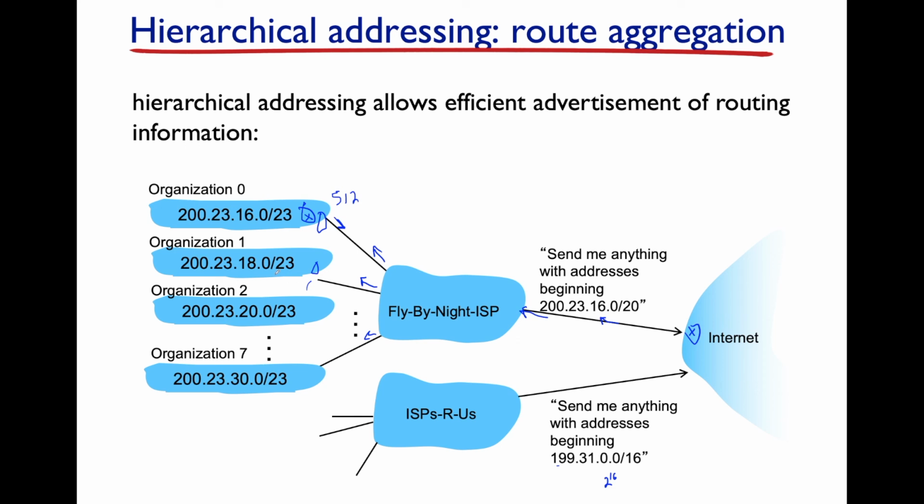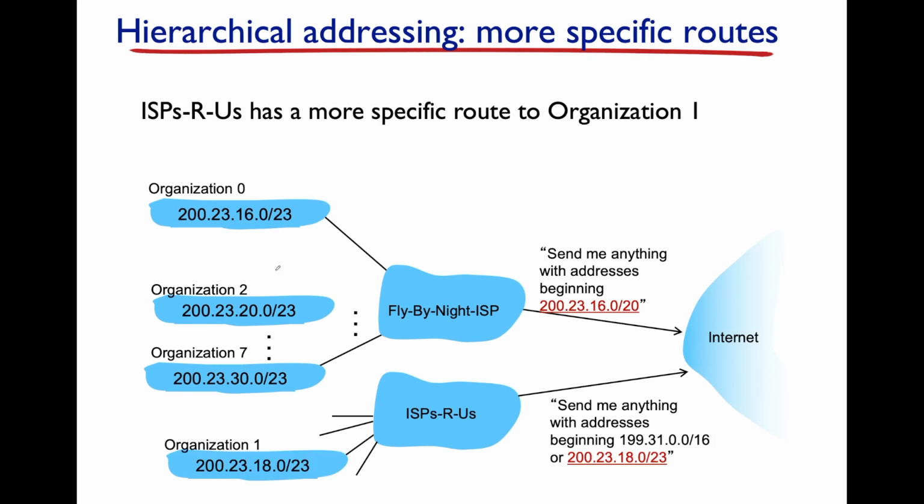So what happens if, for some organization 1, it has the block for subnet 200.23.18.0, subnet mask 23, and let's say it physically moves to ISPs are us. Now ISPs are us had the following block of addresses: 199.31.0.0, subnet mask 16. Now if it moves, you want to do something a little bit different. Now, Fly-by-Night ISP has not changed the advertisements it sends out to the gateway on the other side of the internet.